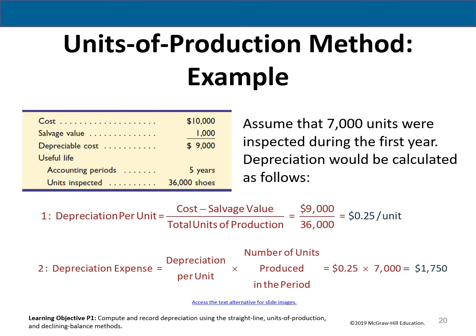So coming back to the machinery, here the cost minus the salvage value is $9,000. The company expects to make 36,000 pairs of shoes in total with this machine. So the life of the machine is 36,000 shoes.